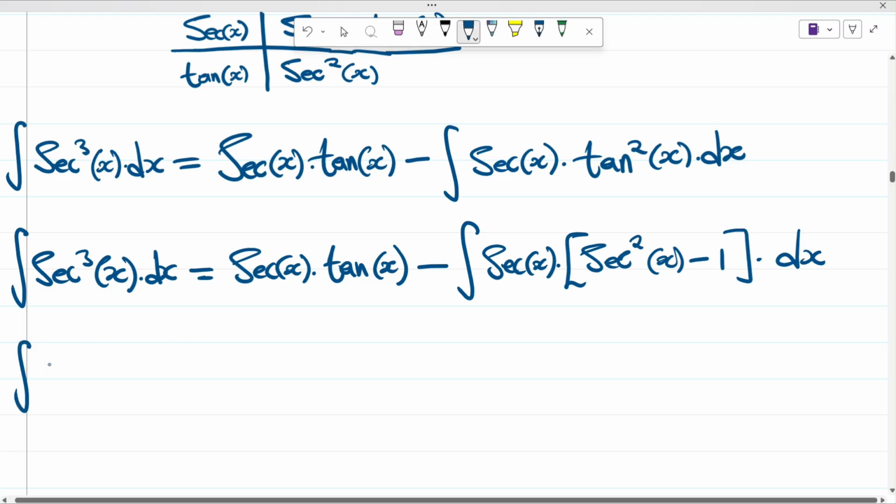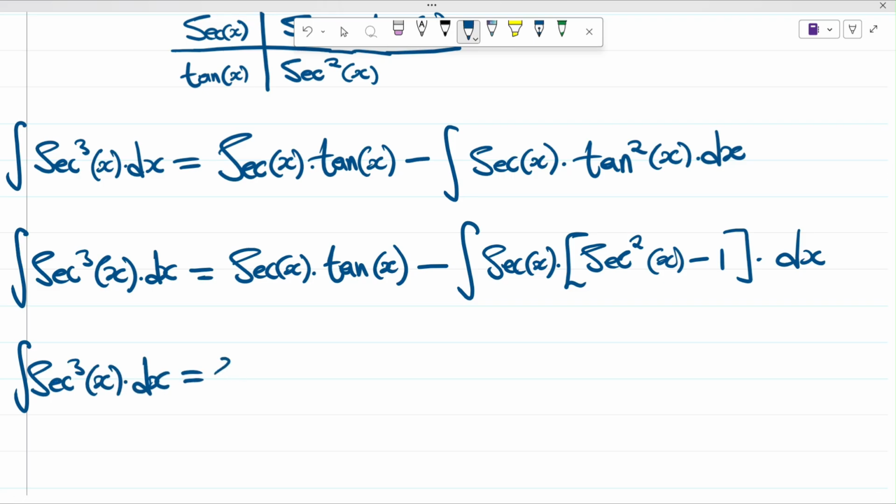So again, I'm going to copy sec cube of x dx, which is going to be equivalent to sec of x multiplied by tan of x minus the integral. I'm going to multiply out and at the same time split.